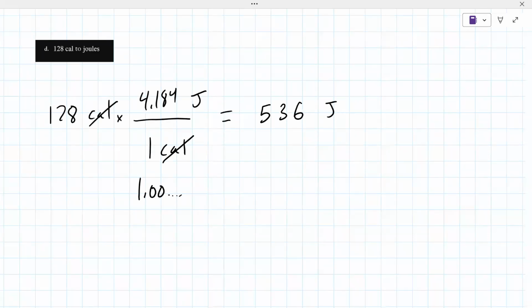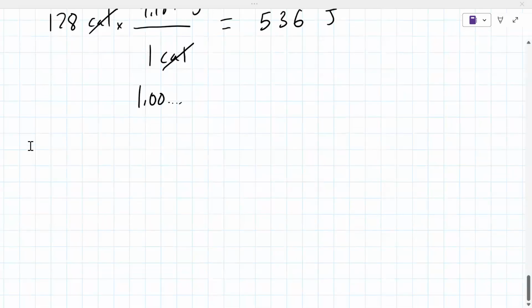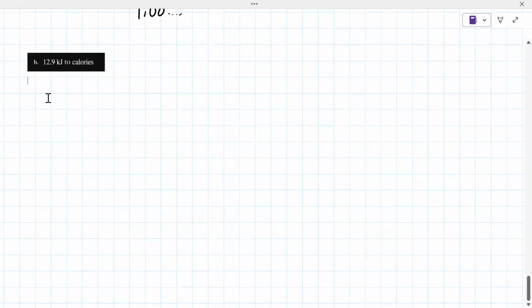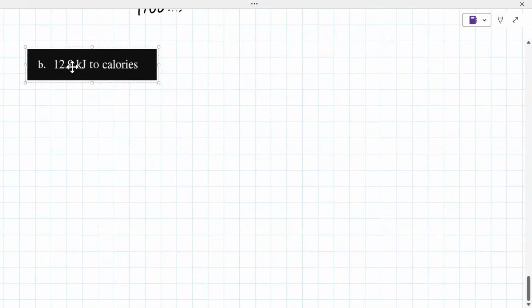Okay, should we do a few more of these? Maybe one or two more, and then we can move to the word problems. Kilojoules to lowercase calories. Your conversion is that 4.184 joules is one lowercase calorie.